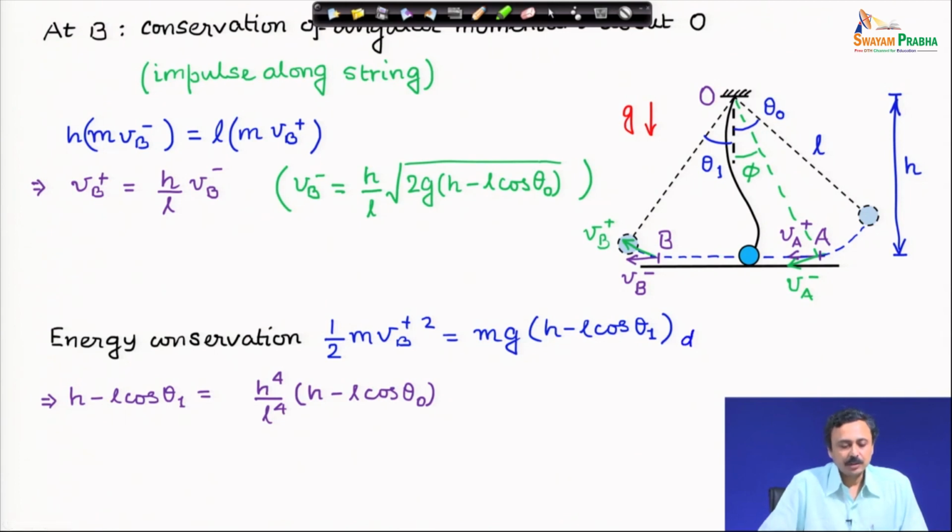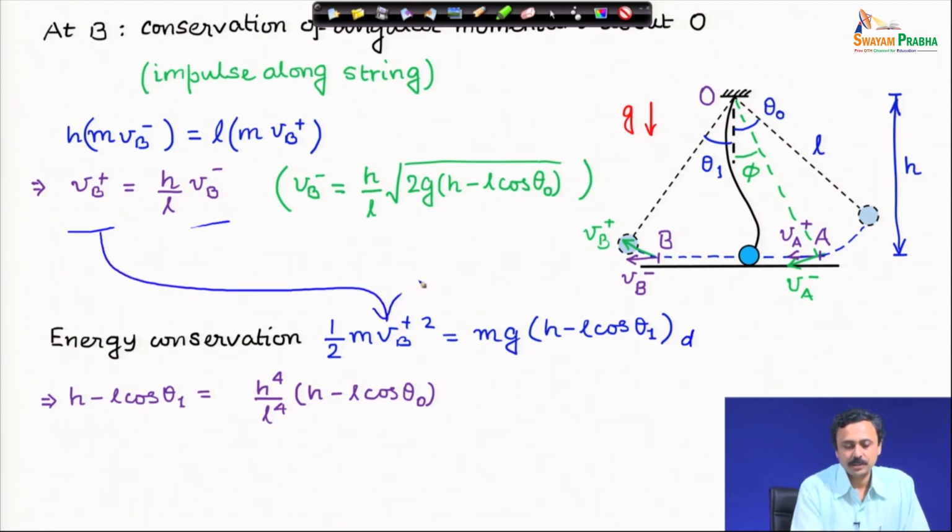If you substitute the expression of V B minus here and calculate V B plus, substitute that V B plus here, and finally do simplifying cancellations on both sides, you will get this relation.